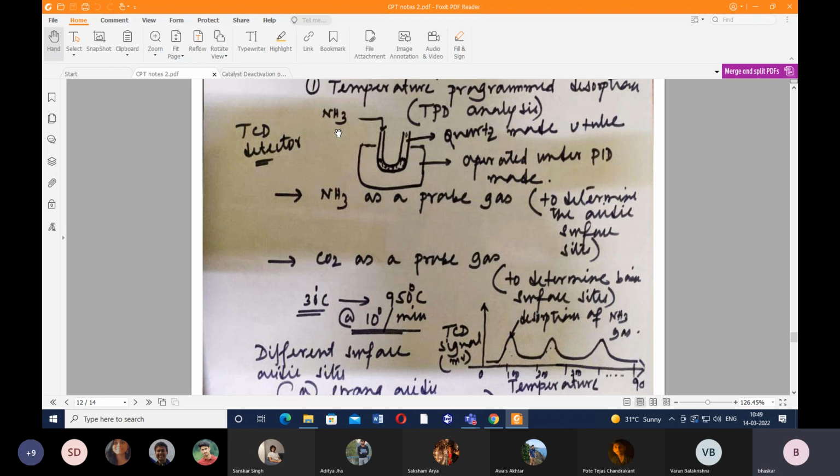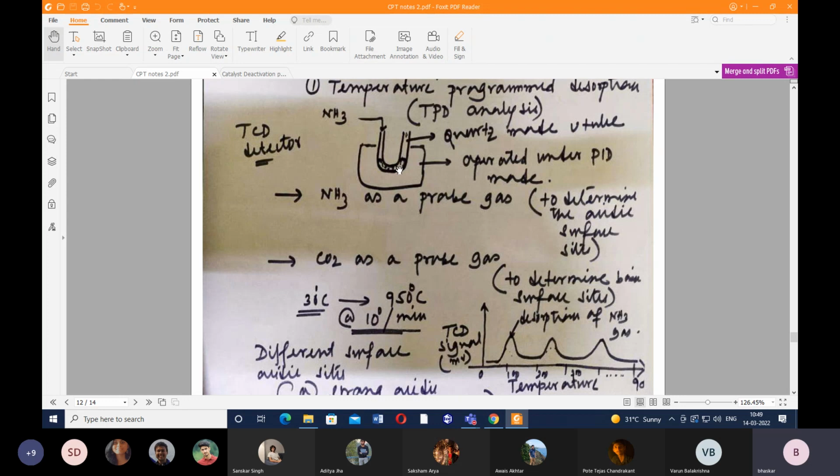Desorption will be carried out over a temperature range between room temperature and 950 degrees Celsius. However, first we perform the adsorption study at room temperature. Let's assume ammonia at a flow rate of 10 ml per minute was purged inside this quartz cell.